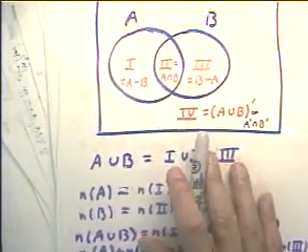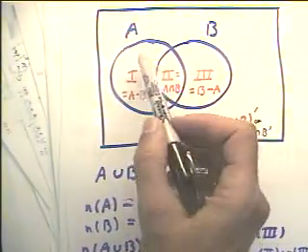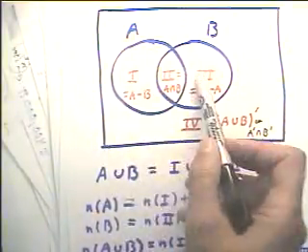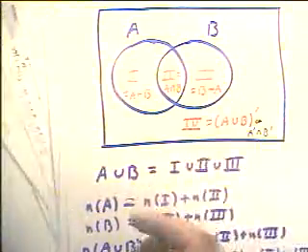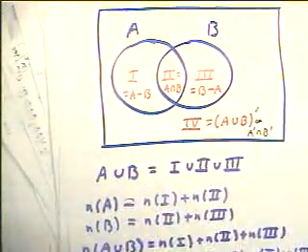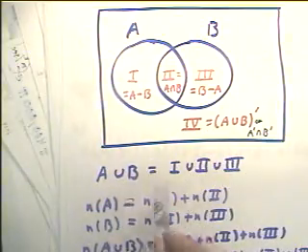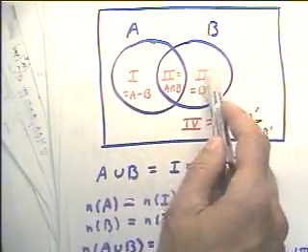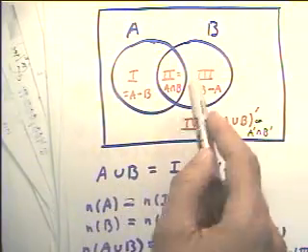Now, the set A union B. What's the set A union B? That's what we get when we put all these two sets together into one, so that the set A union B just comprises everything inside of these two sets. That is the union of three subregions, the first, the second, and the third. A union B consists of these three regions.